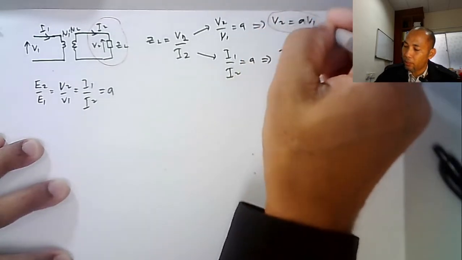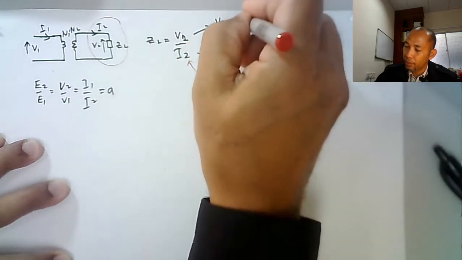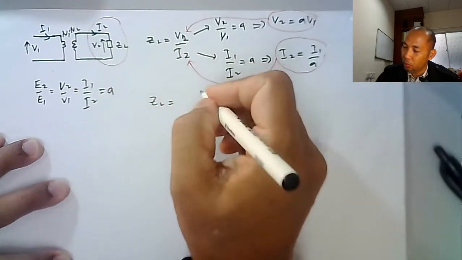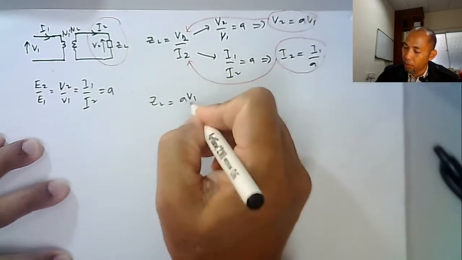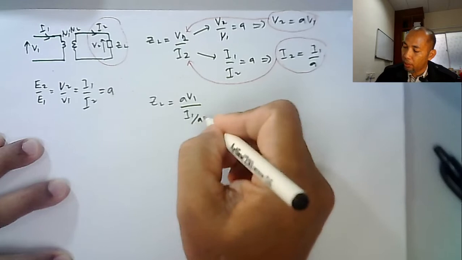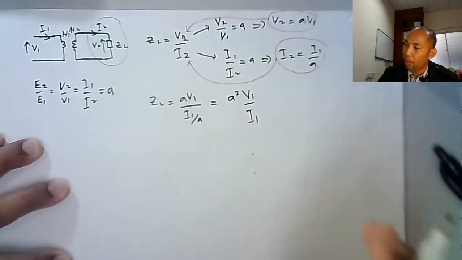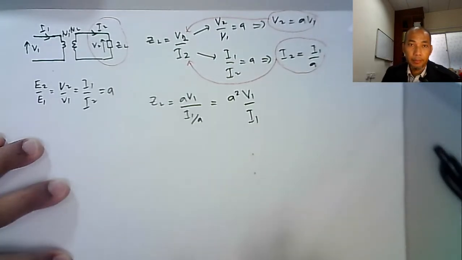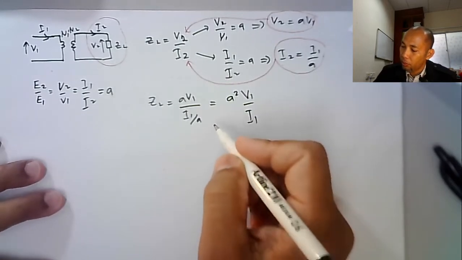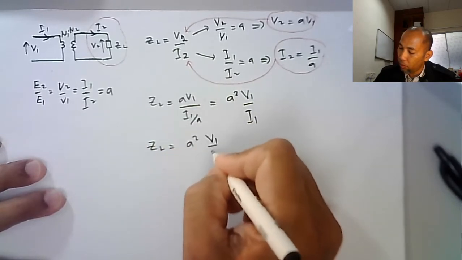We take these values and replace them here. We will get ZL equal to V2, which is A V1, over I2, which is I1 over A. So ZL equals A square V1 over I1.